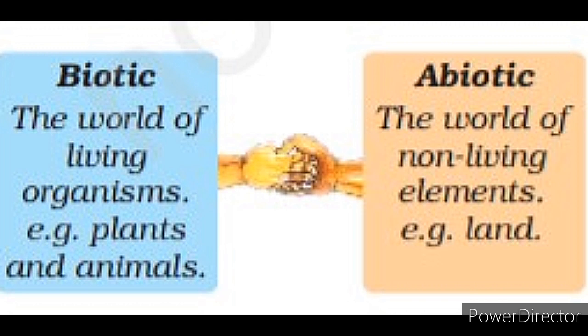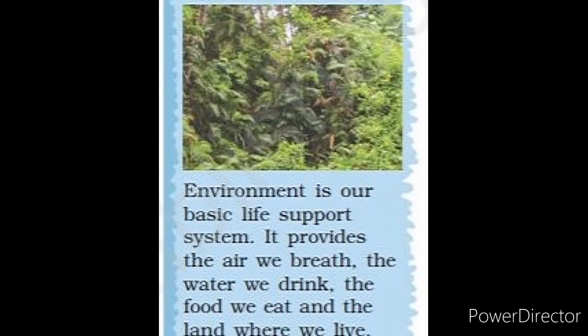Now, I hope that you all understand the meaning of environment, its components and its kinds. Environment is our basic life support system. It provides the air we breathe, the water we drink, the food we eat and the land where we live. Everything present in our surroundings makes up our environment.